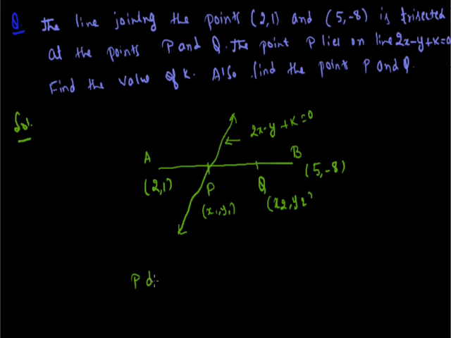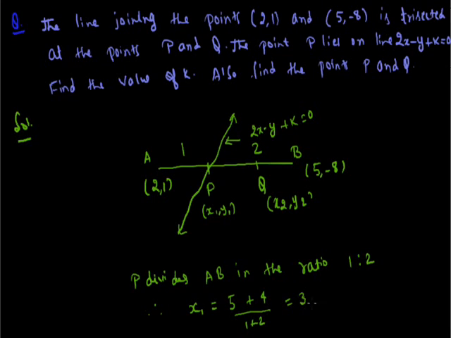P divides AB in the ratio 1:2. Therefore x1 equals (1 times 5 plus 2 times 2) upon (1 plus 2), and this is equal to 3.